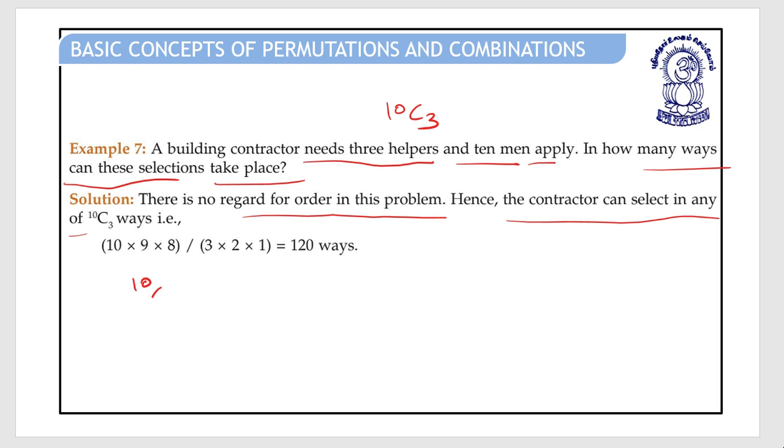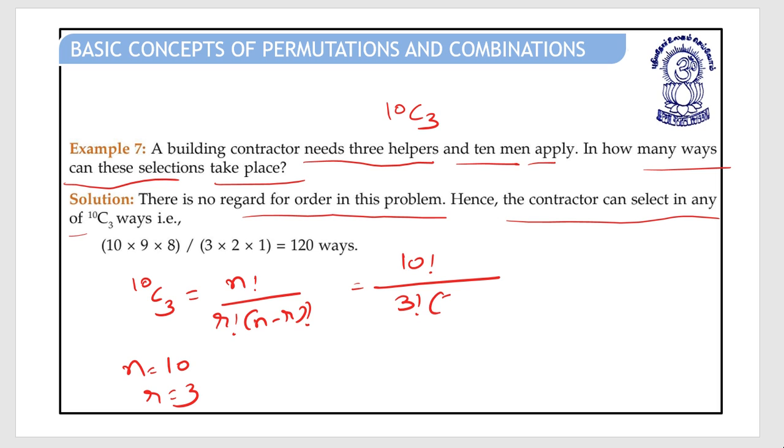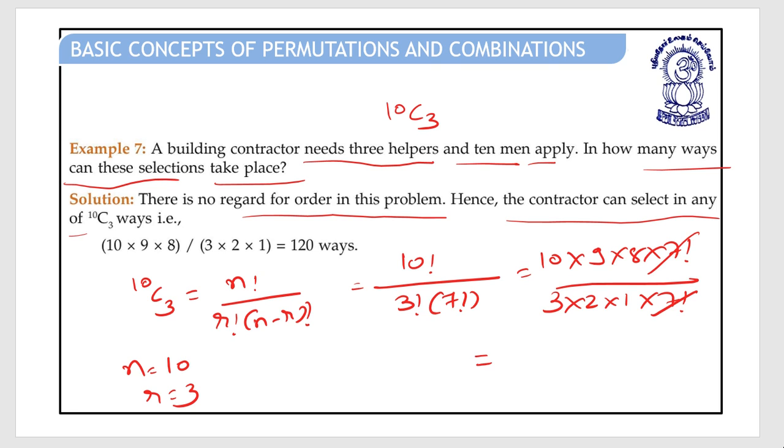So nCr, 10C3: n factorial upon r factorial, n minus r factorial. n is equal to 10, r is equal to 3. 10 factorial upon 3 factorial, 10 minus 3, 7 factorial. So 10 into 9 into 8 into 7 factorial upon 3 into 2 into 1 into 7 factorial. 7 factorial cancels. 3 3s are 9, 2 4s are 8, 3 4s are 12, into 10, 120. So the answer is 120 ways.